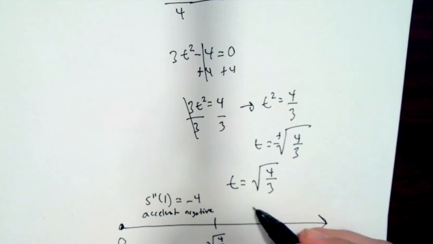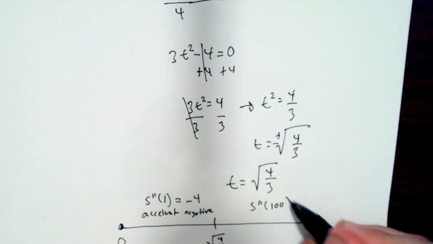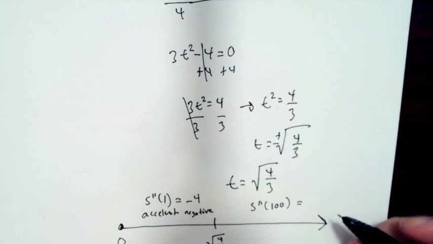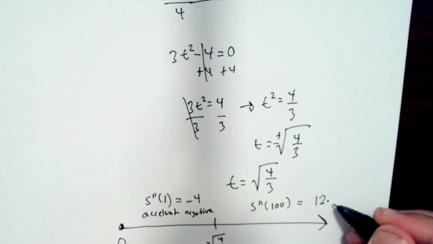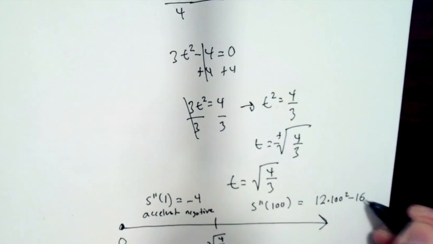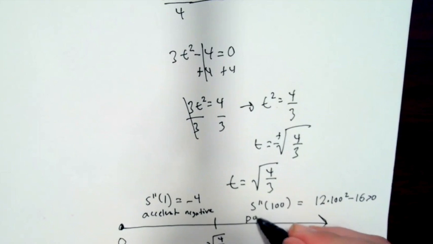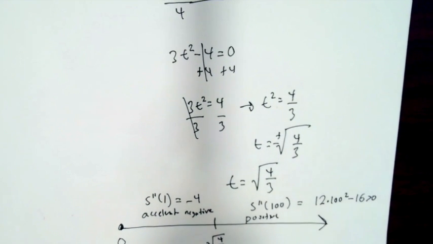And I can pick something on the other side, like s double prime of 100, which would be 12 times 100 squared minus 16, which is certainly positive. And I don't know what the square root of 4/3 is exactly, but it's smaller than 2.